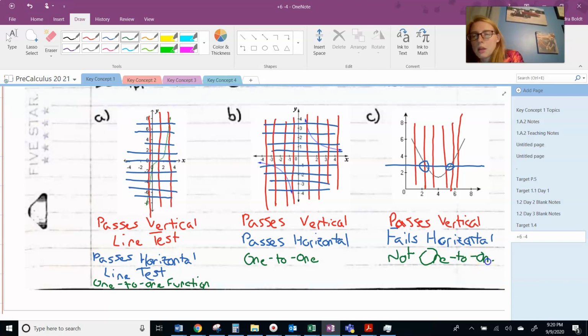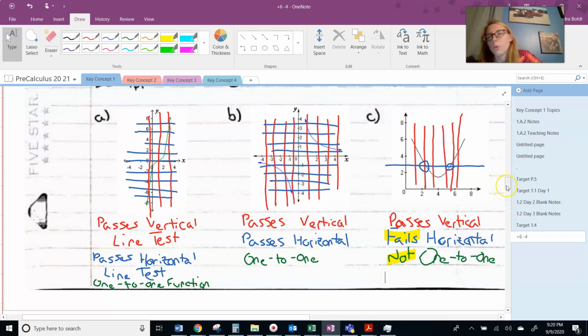So therefore it is not one-to-one. Okay. So again, it has to pass both tests. It has to be a function, and then if I were to flip it, it still has to be a function. So that's why that horizontal line test has to work as well. This one does not, so this is not a one-to-one function.